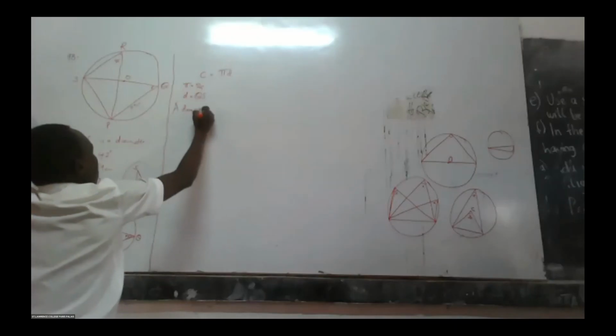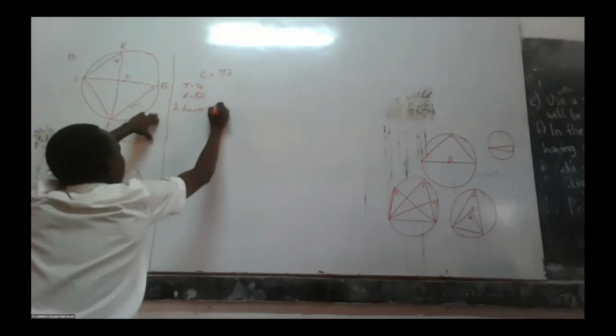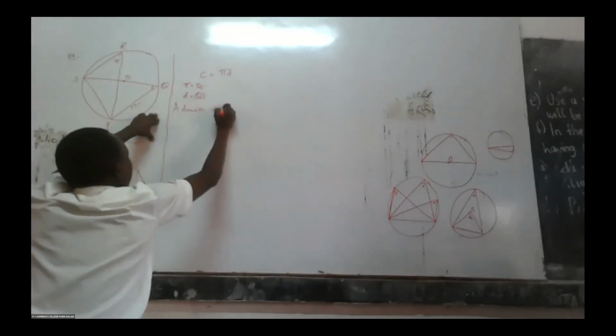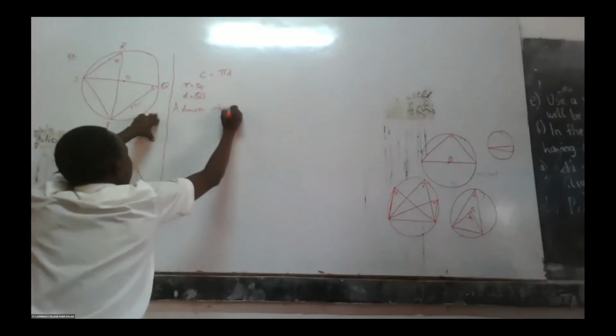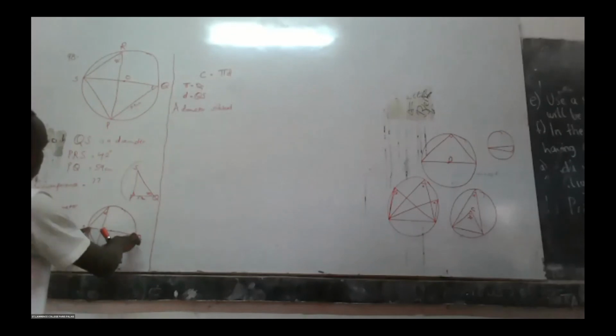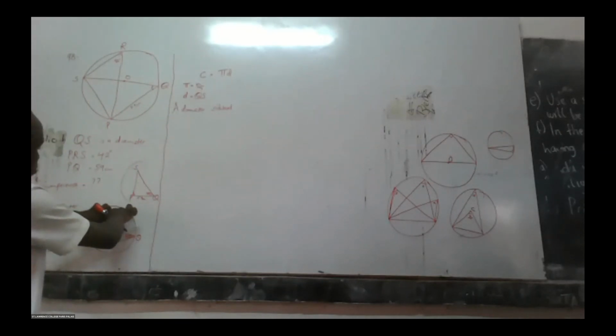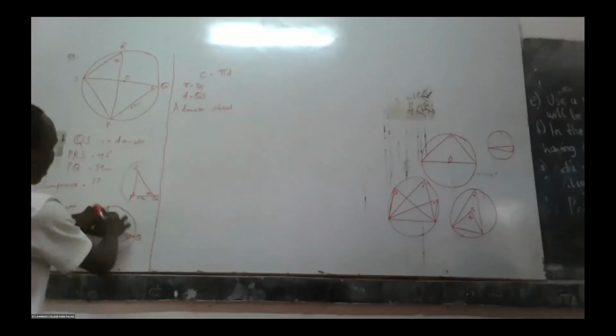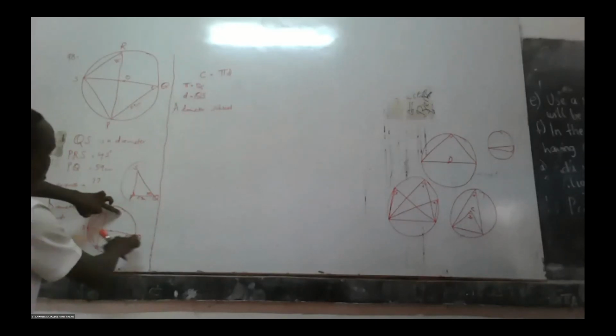So after identifying everything here, you go and do everything following the order. First of all, they've given you the diameter, and we know that a diameter subtends. Subtending means that if lines are drawn from one point to the other point on the circumference, that angle made has been subtended by the line below or the line above.